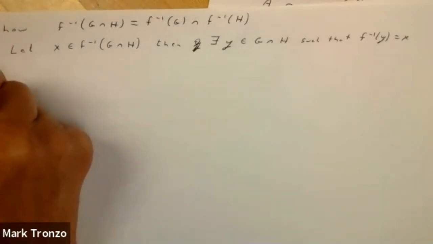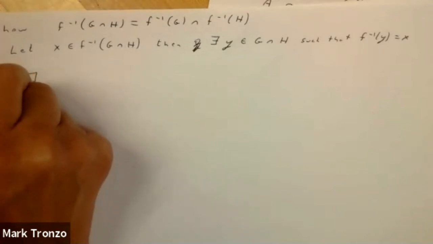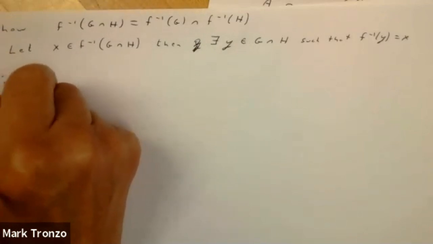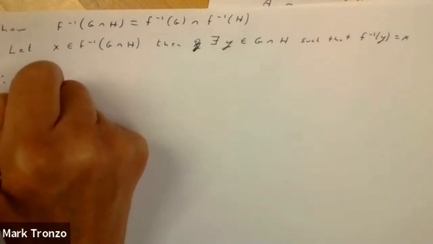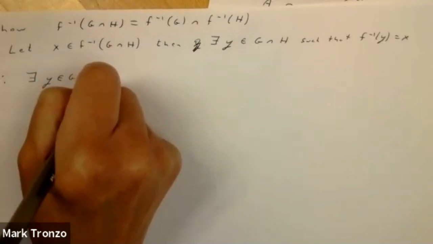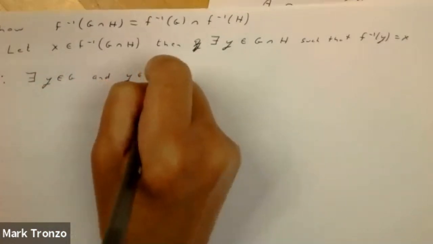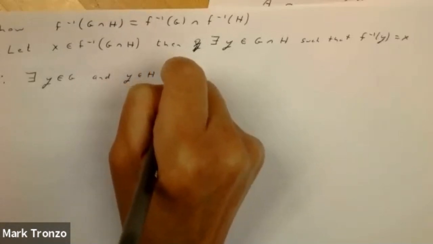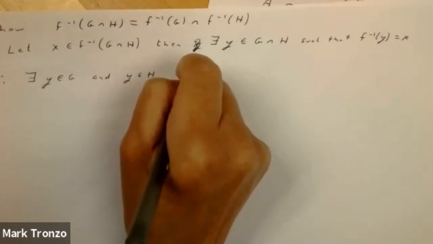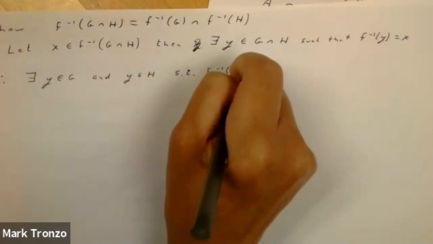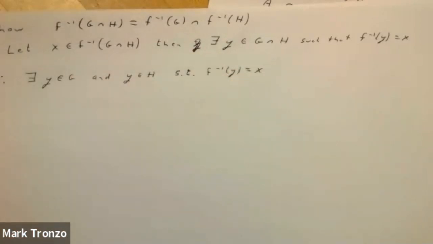Therefore, and notice this is in the intersection, there exists a Y in G and a Y in H such that that's true. I'll just put ST for such that, equal X. Is it appropriate to use the vertical line or the double dots here for such that?